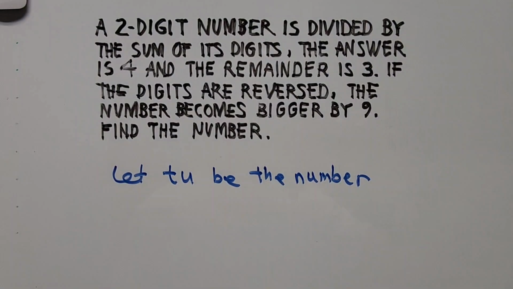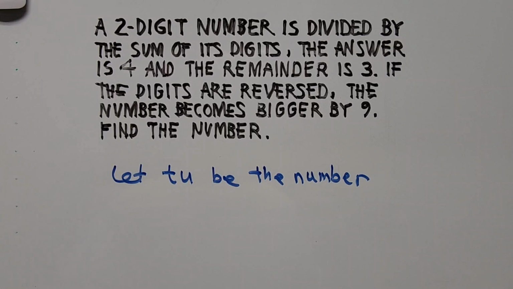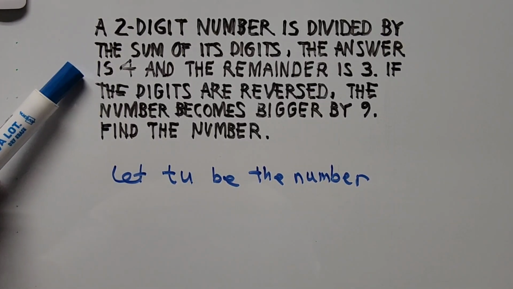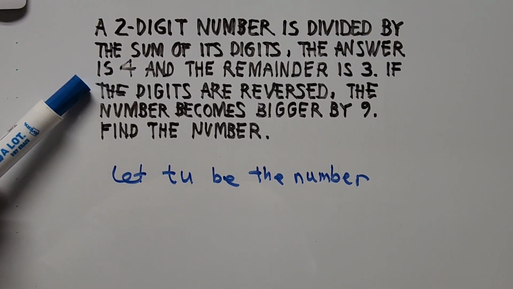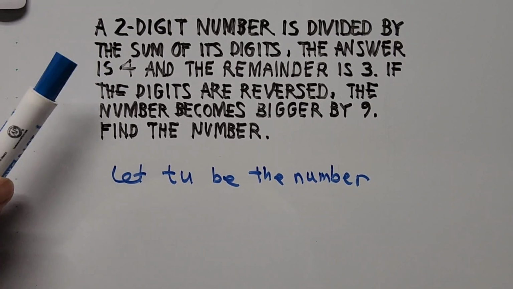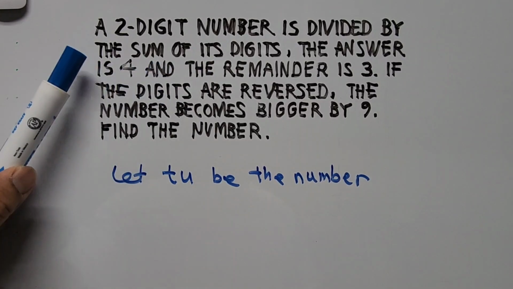Now, going back to our word problem, the first sentence says, a two-digit number is divided by the sum of its digits. The answer is 4 and the remainder is 3. So how do we write an equation for that first sentence? Here it says the sum of its digits, right?